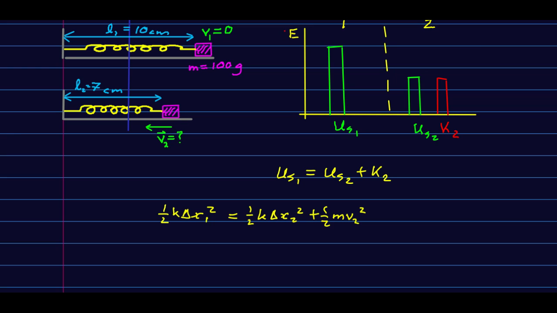And now we just want to solve that for V2. So the first thing we can do is just multiply through by 2, and all those halves are gone. And I'm now going to say you should now solve for V2. Note, what's delta x2? Be careful with delta x2. I'm going to solve, you do so as well.